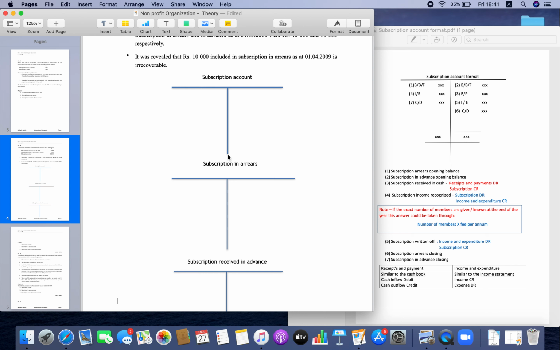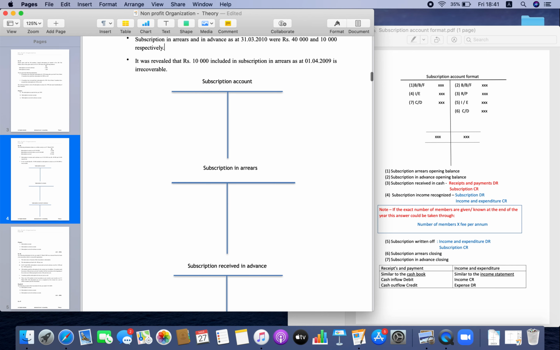So remember, first you put it to the subscription account. If it's relevant to arrears, you copy this in the arrears account on the same side. Likewise, if the transaction is relevant to advance, then you copy it in the advance account. Let's say for an example, I mark something here that is relevant to the subscription received in advance, and the same thing you copy over here on the same side.